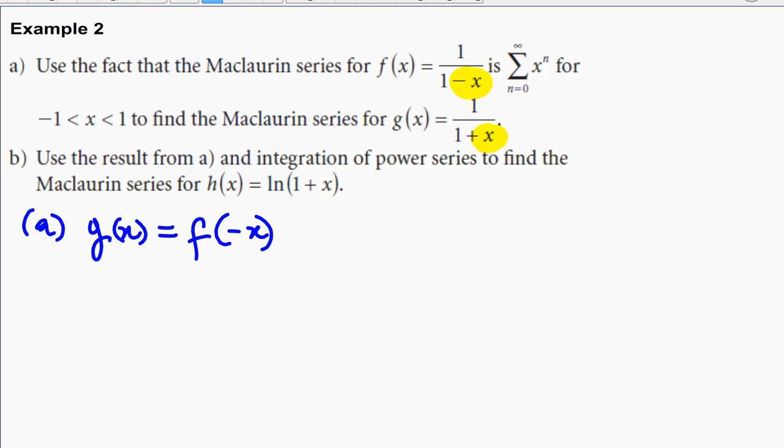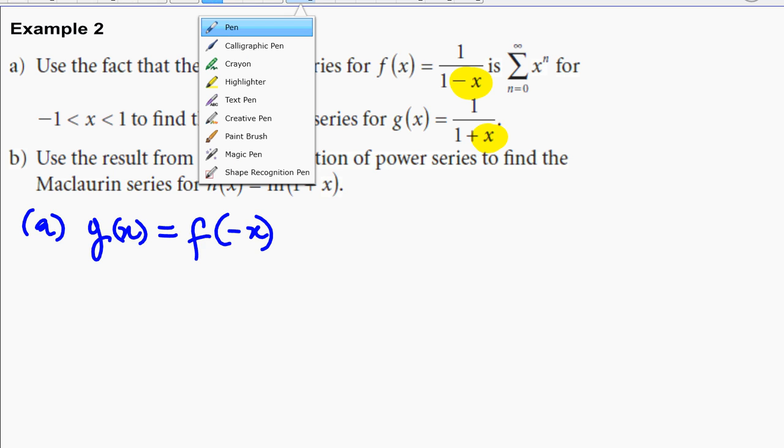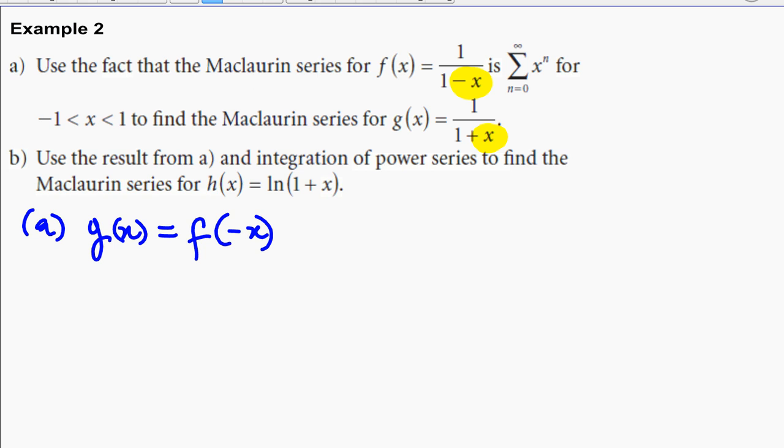Because we know the series that represents f of x, we can just plug negative x in place of x in that summation to find a corresponding series that represents g of x.